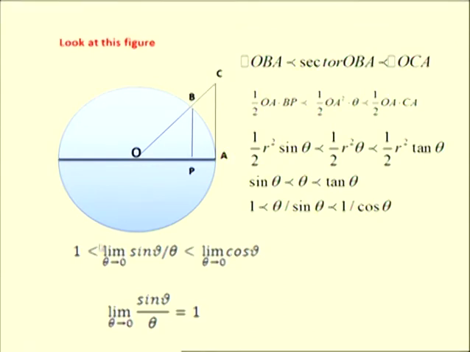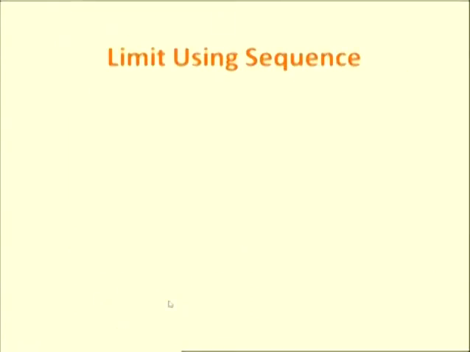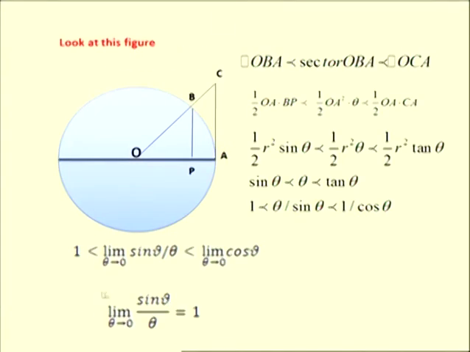That means this expression is equal to 1. So we can say limit theta tends to 0 sine theta upon theta is equal to 1. This is a very important limit.